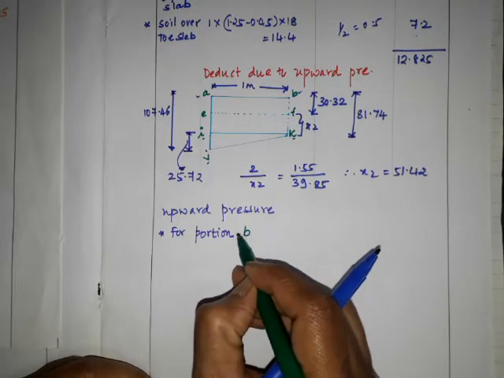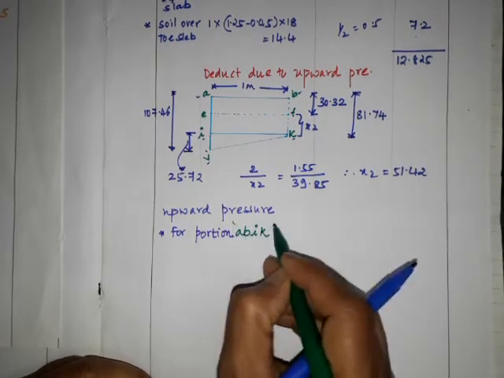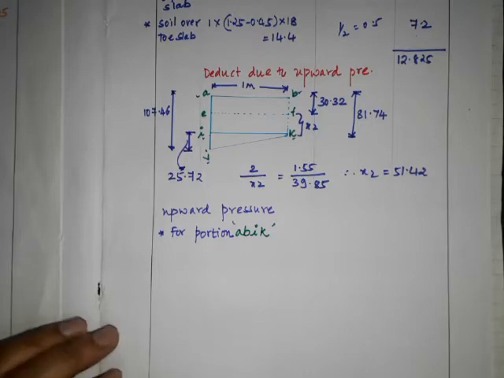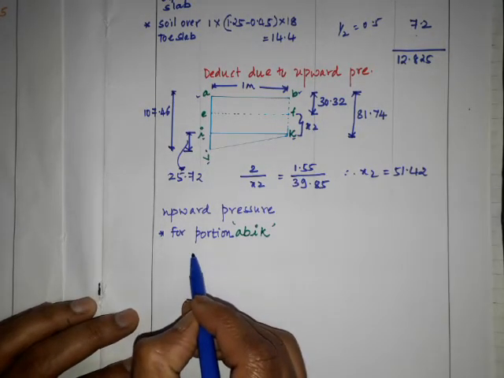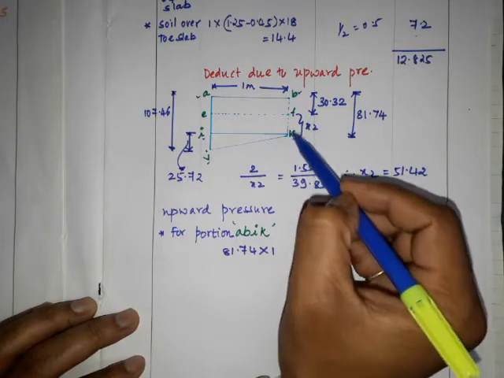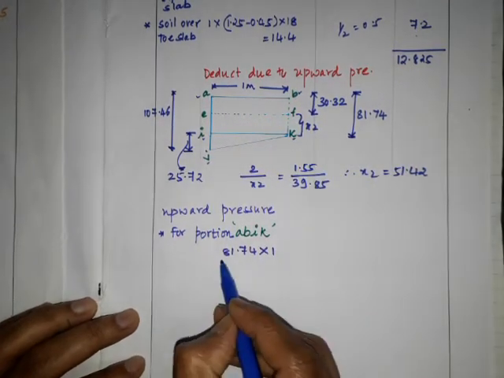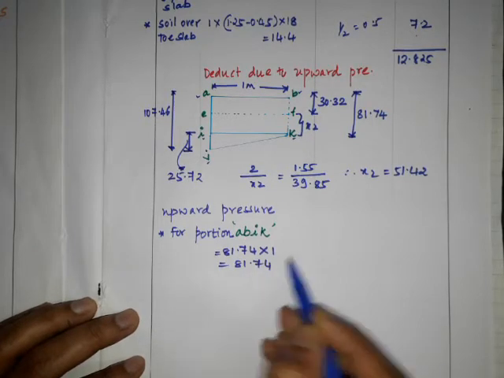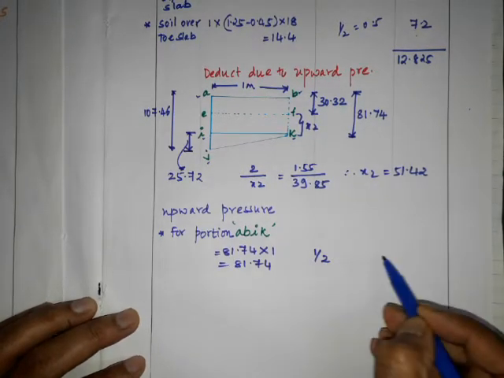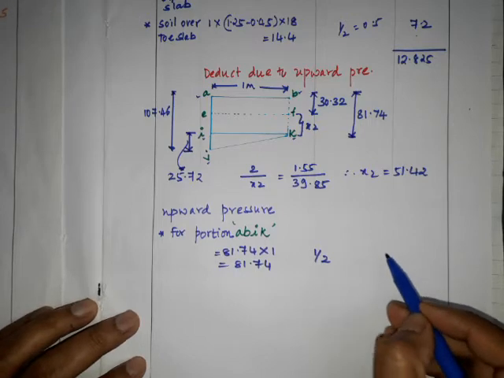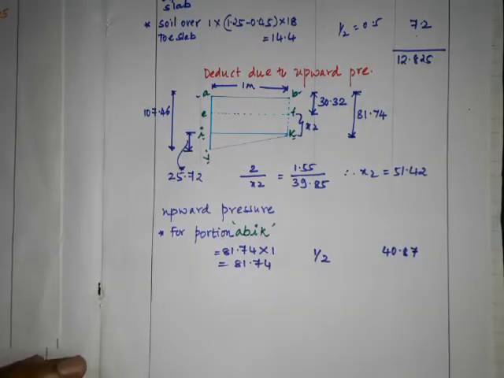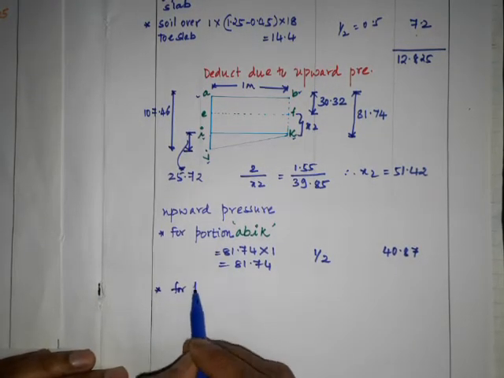So here the force is 81.74 into 1, so this is 81.74, and the distance is again 1 by 2, so we get the moment as 40.87.